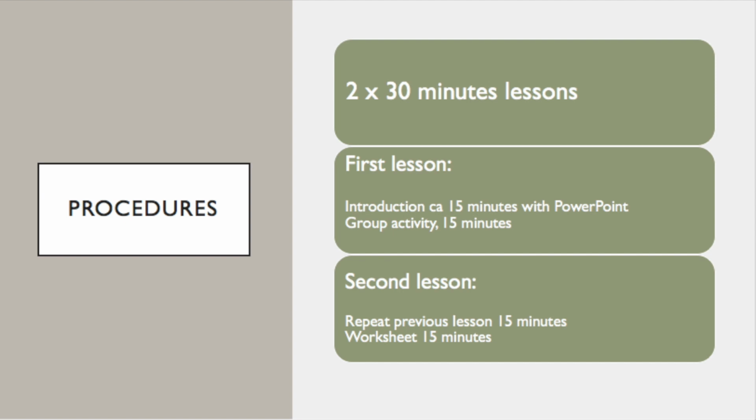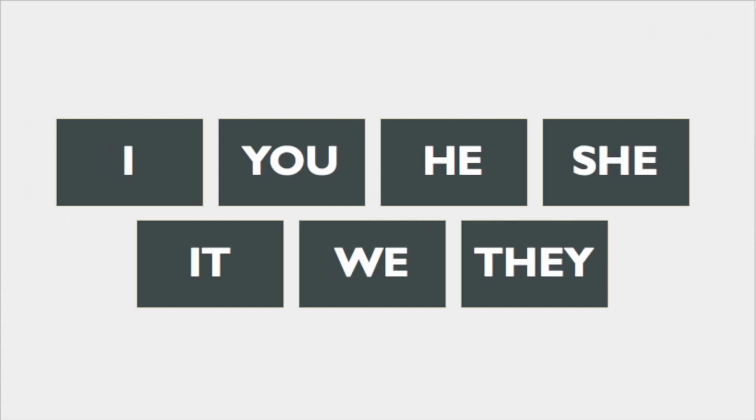Alex will say, I am Alex. Then Alex will say, you are Ben. Alex will say again, she is Lisa. Later, Ben and Lisa will do the same in their turns, where they practice pronouns I, you, he, and she.